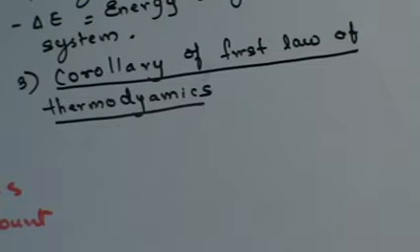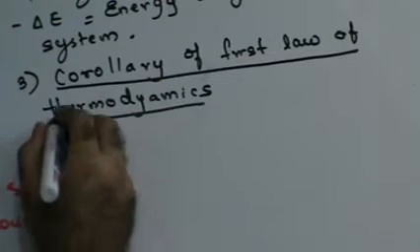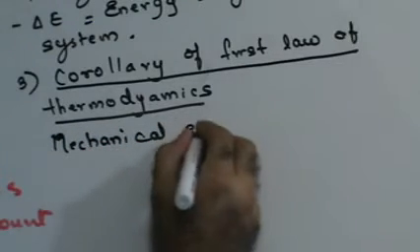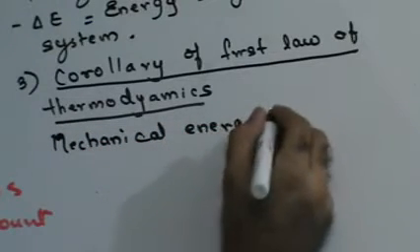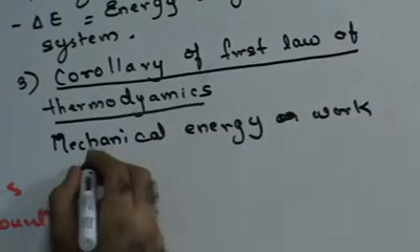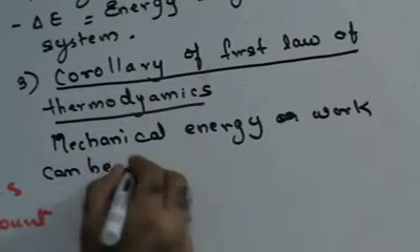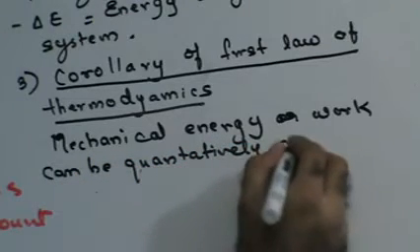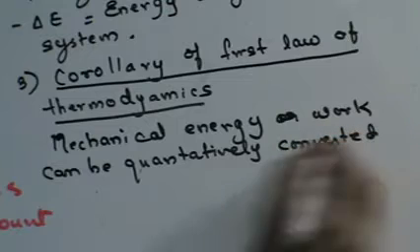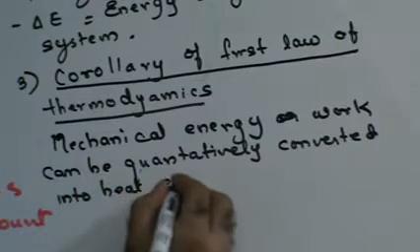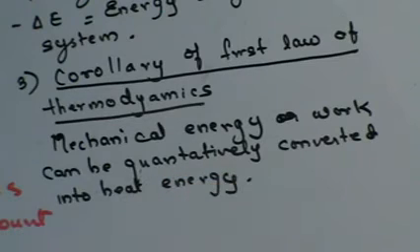So the corollary of the first law of thermodynamics is that mechanical energy of work can be quantitatively converted into heat energy. That is your corollary of the first law of thermodynamics.